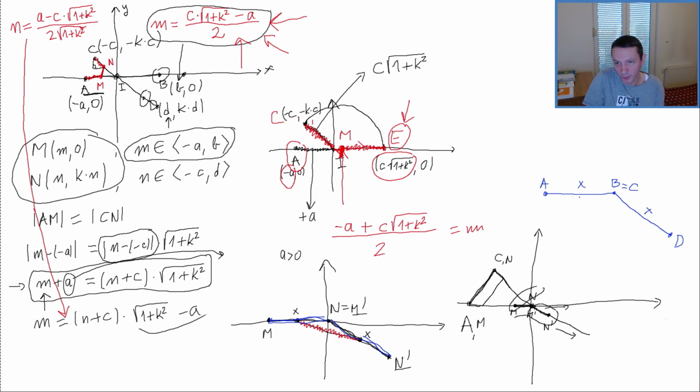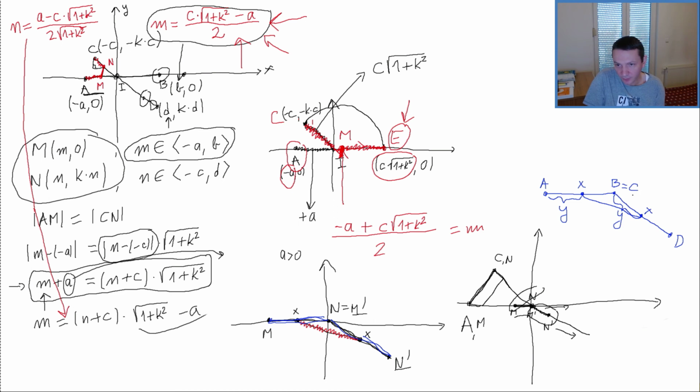And now we want to find the point here and the point here in such a way that the distance here is y and the same distance y is here, and that this is minimum.